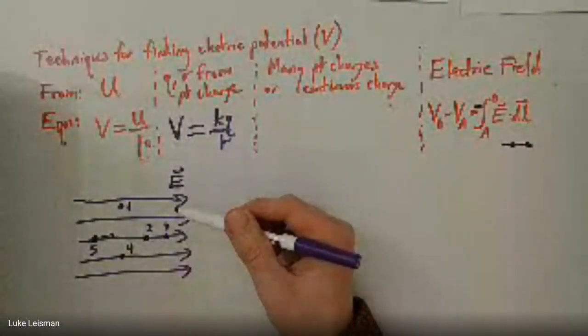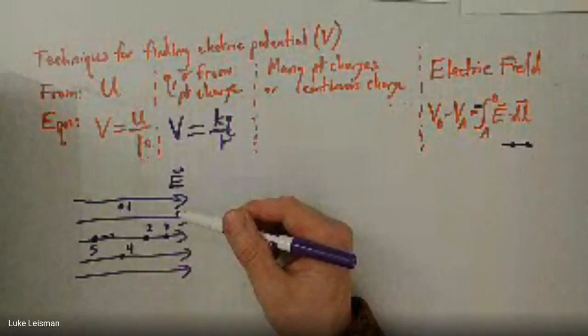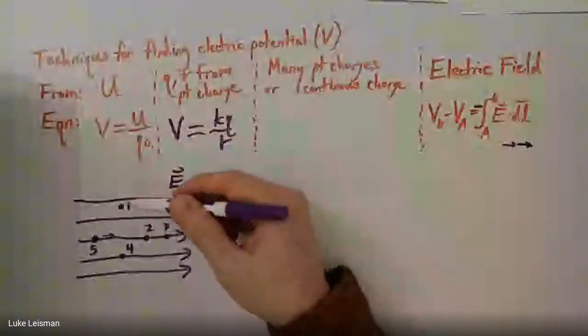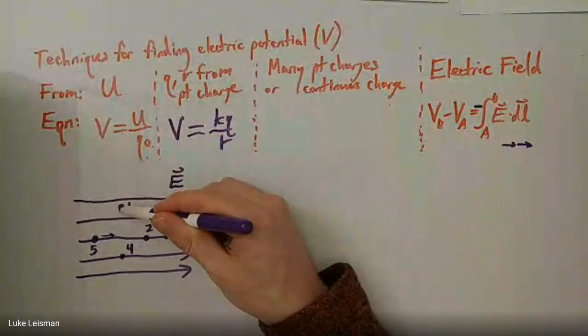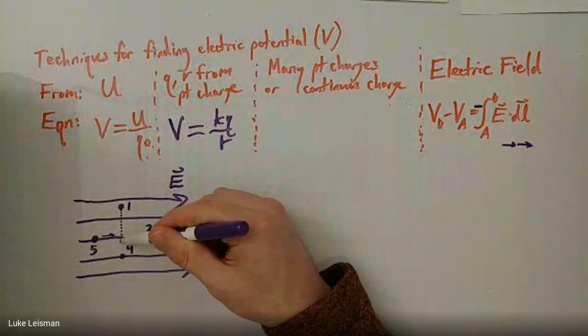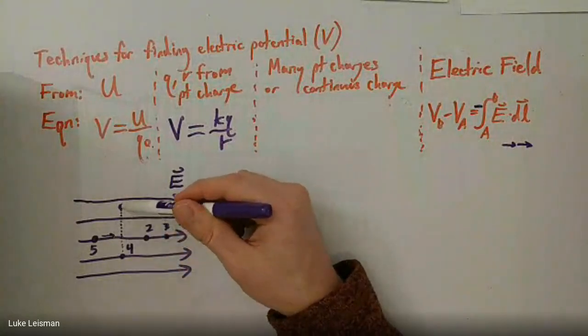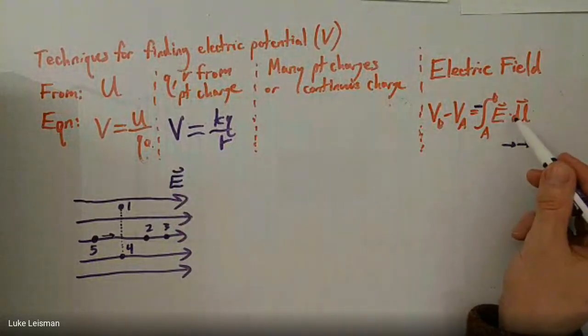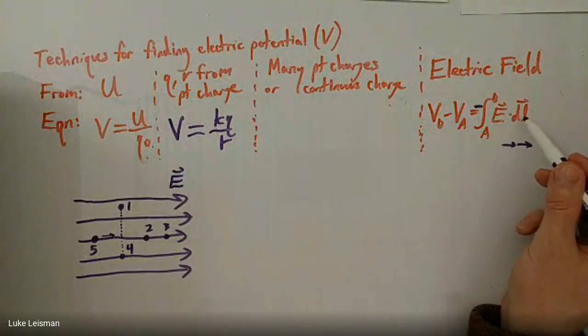So if 5 is at the highest potential, another question we might ask is, are there any of these points that are at the same potential? Well, yeah, if you walk sideways, perpendicular to those electric field lines, then when you take this dot product, you're going to get a cosine of 90, right?